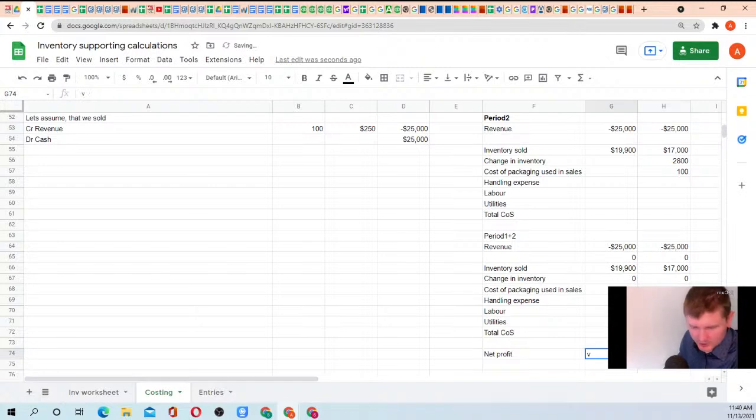So you see, with both methods we got the same net profit. However, method 2 provides us with an interesting breakdown of cost components.